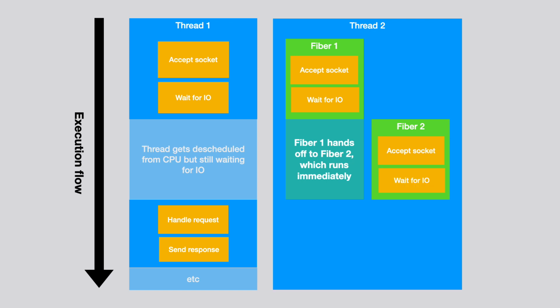That one starts to wait for I/O. By now, the first fiber's data is available, so it can handle the request, it can send the response, and so on from there. We're able to multiplex access to that same CPU without requiring the operating system to get involved and without requiring the resource overhead of a whole additional native thread.